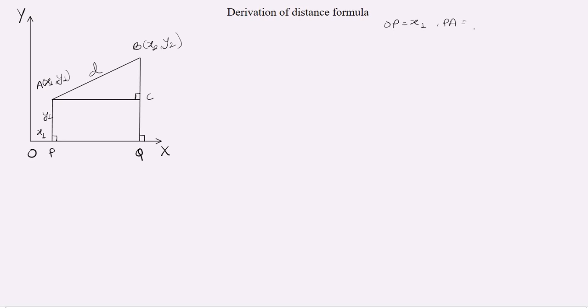OQ is equal to x2, and QB is equal to y2. This one is x2 till here, and from point B it is y2. Let's see in the figure.